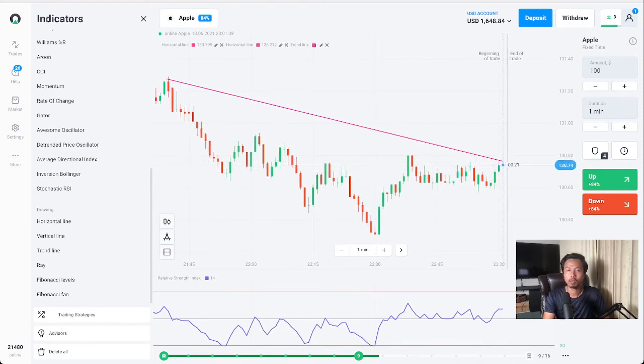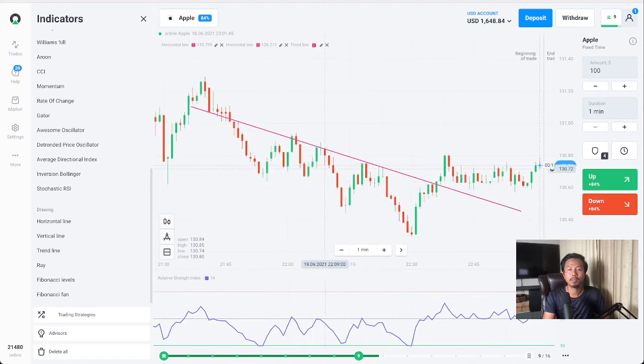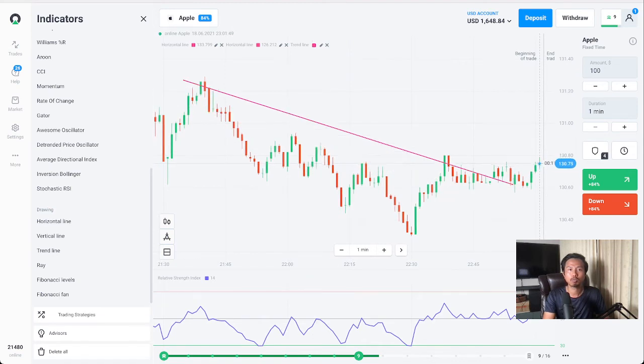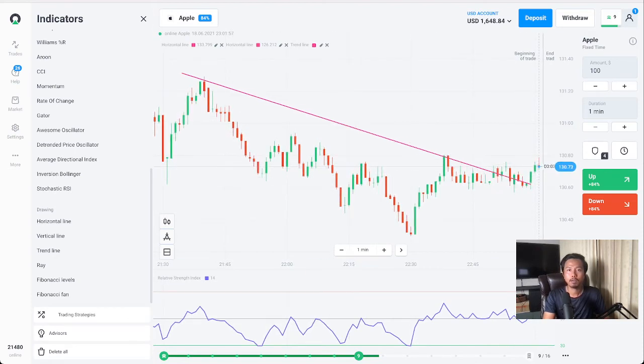That will be the new trend line. But try to check where the most respected trend line is, the one the price respects. So draw a trend line every time that you are trading. Don't miss your trend line.